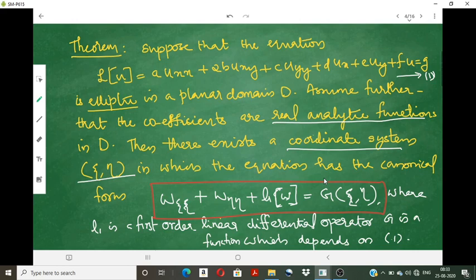As the equation is of second order, we assume without loss of generality that one of the second order coefficients, that is small a, b, or c, must be non-zero.